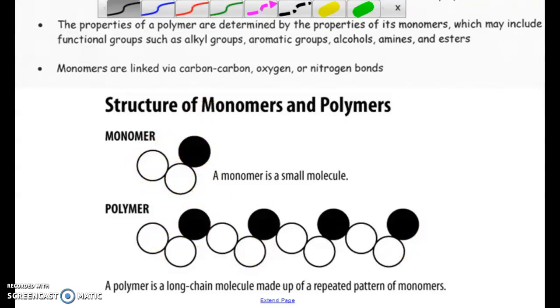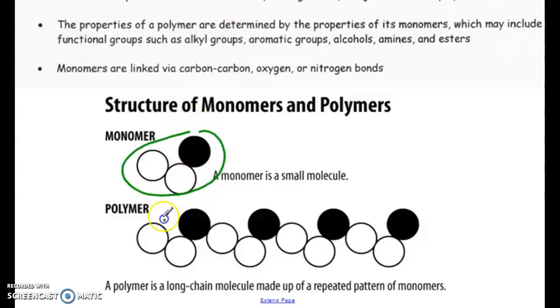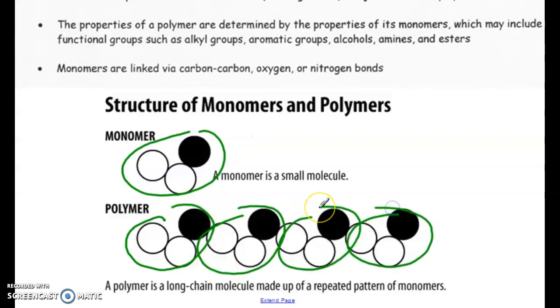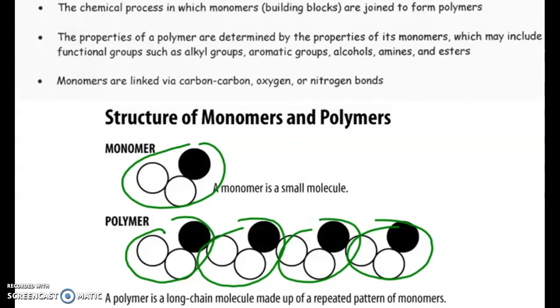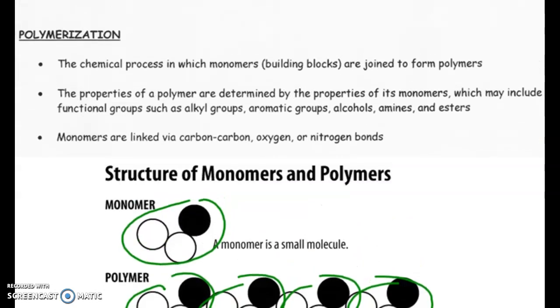So you can see here, we have a monomer, and then our polymer is the monomer that has been on repeat. Now polymers can be hundreds and hundreds of molecules in length, all the monomers linked together. So essentially you have these long chains. A monomer is really the building block to create your polymer.